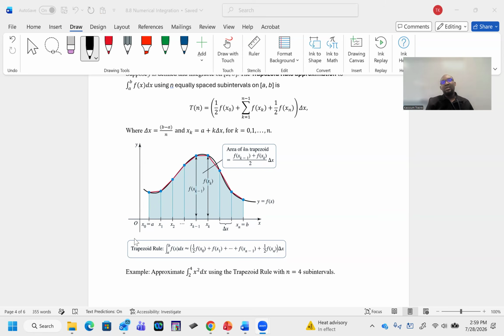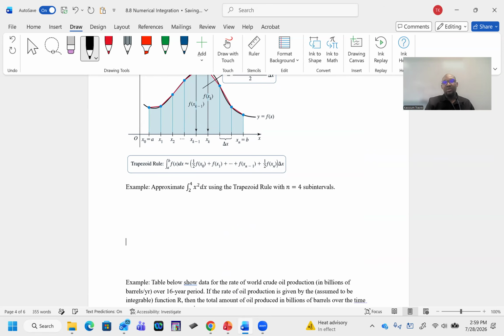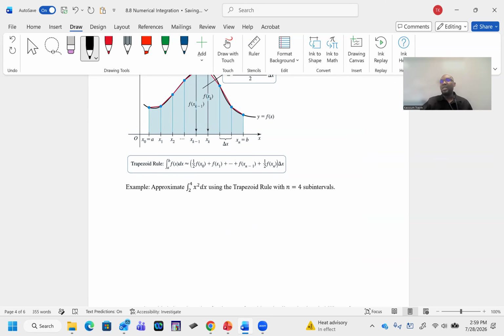So let's use that to approximate the same area using the trapezoid rule with n is equal to 4 subintervals. So again, solution.